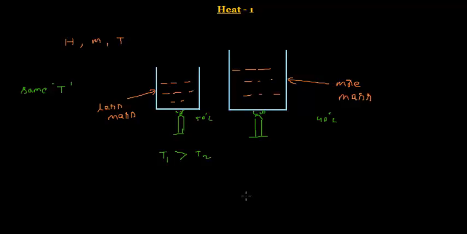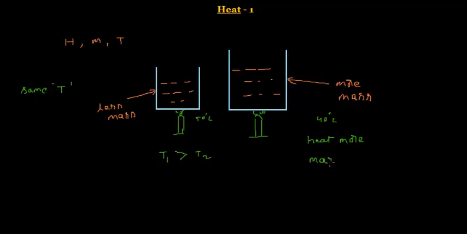To attain the same temperature for the water in the bigger beaker, you have to heat it more so that the temperature comes nearly equal to 50 degrees, right? Because it has got more mass, it is requiring more amount of heat.